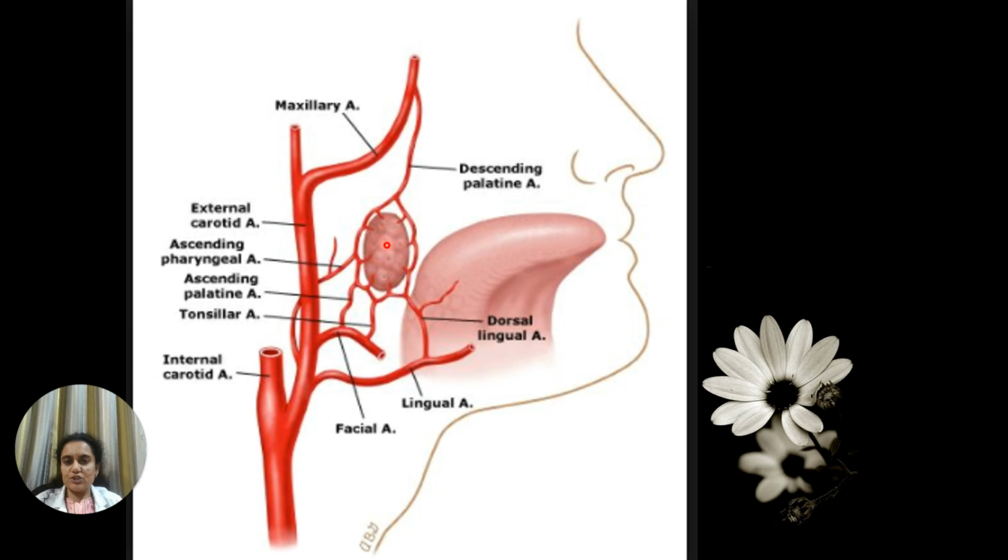It is supplied by the branches of the external carotid: ascending palatine, descending palatine, ascending pharyngeal artery, and the tonsillar branch of the facial artery, which is the artery of hemorrhage for tonsillectomy surgery, and the dorsal lingual artery from the lingual artery.